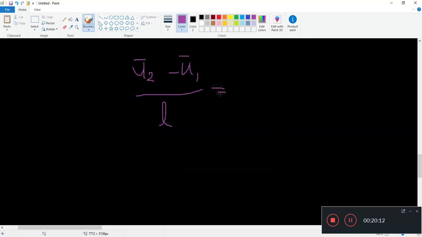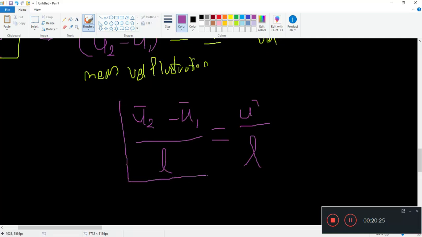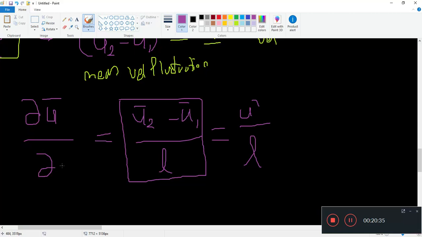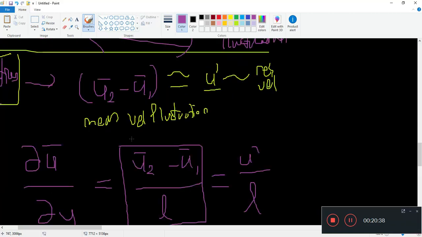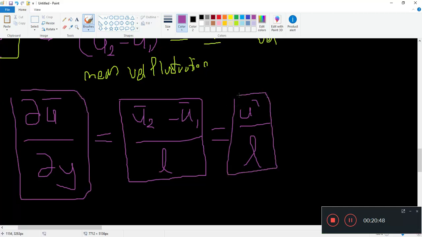We use this mixing length to divide both sides through. So u prime over L. And what we can do is express the left hand side as simply del u bar del whatever the length scale is, for example y.